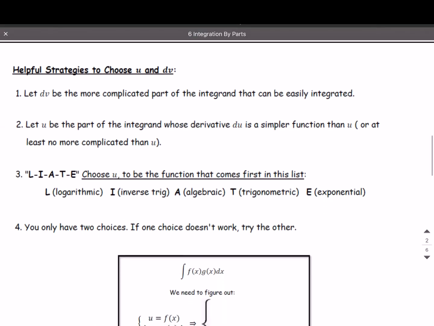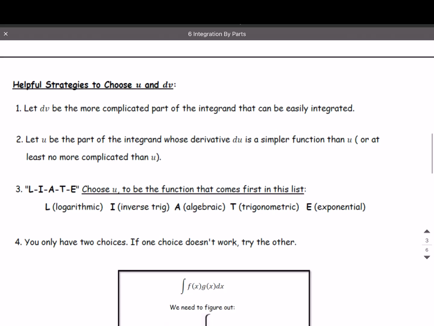Now, the hard part sometimes is picking your u and your dv. In general, it's helpful to let dv be the more complicated part that you can easily find the antiderivative of, and u is the part of the integrand whose du is a simpler function than u. Sometimes you'll see it sitting right there.